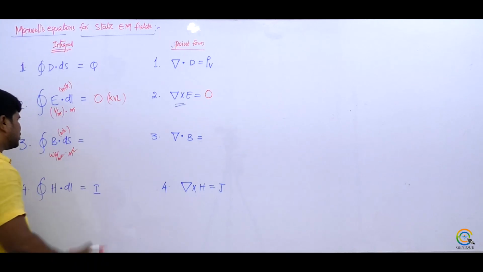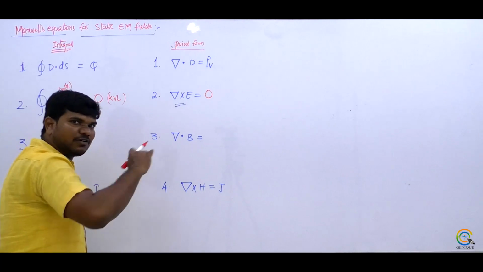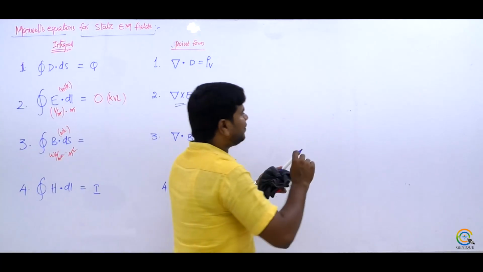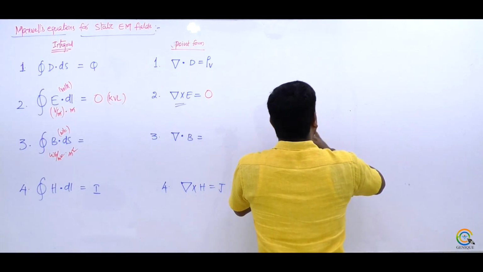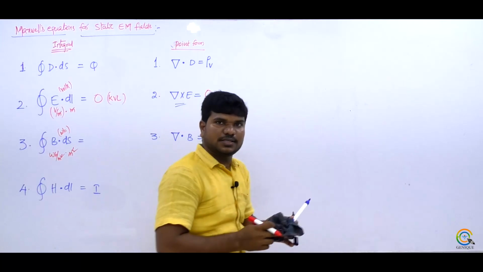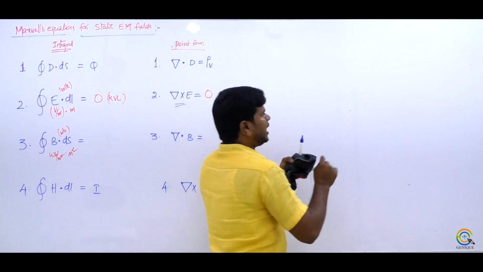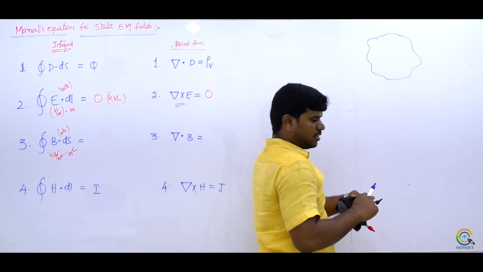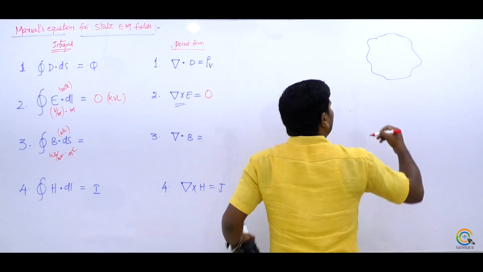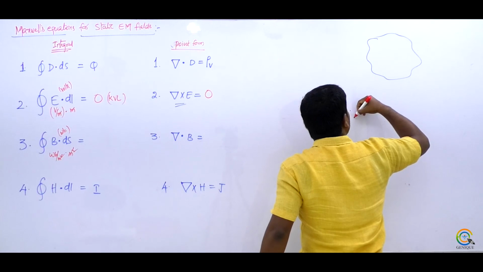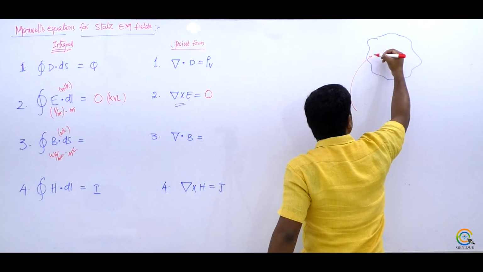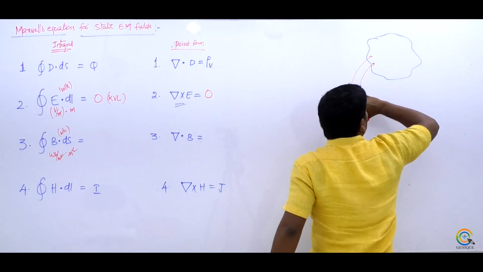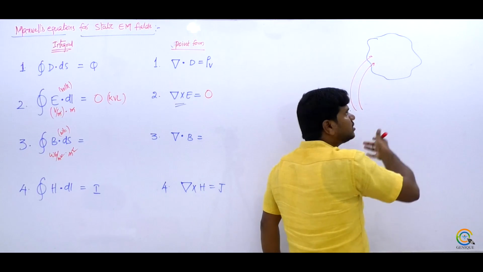So within the closed loop, what is the magnetic flux? Already we know that the magnetic field lines are circles. Suppose you take any closed surface like this, and the magnetic field is entering it.